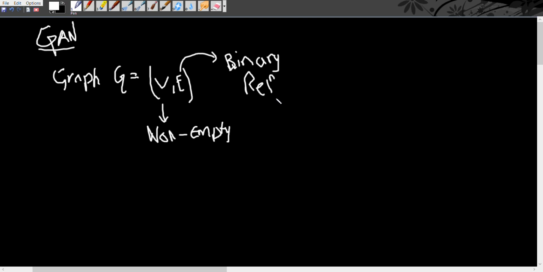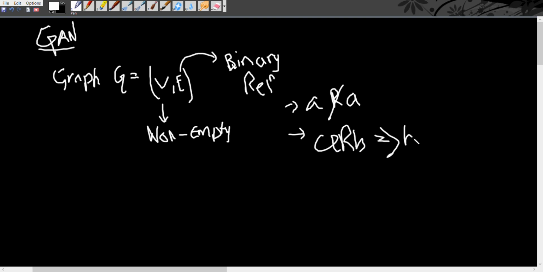Now this binary relation E is irreflexive on V, that is A is not related to itself. Also E is symmetric on V, that is if A is related to B implies B is also related to A. In mathematical terms, that is written as A related to B implies B related to A. So this is the basic definition of a graph.